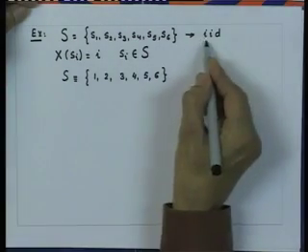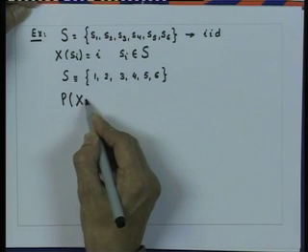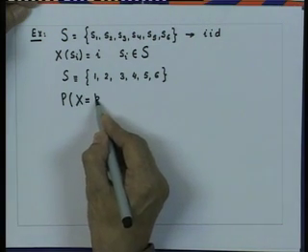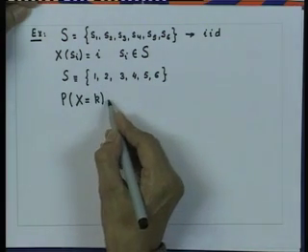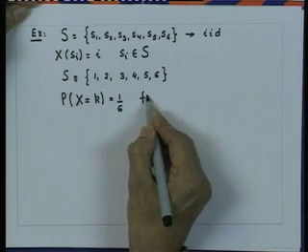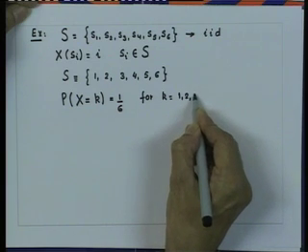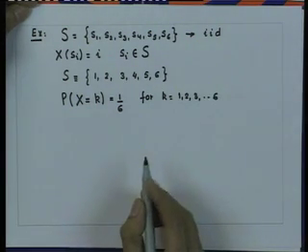Since we are assuming IID, the probability of random variable X equal to k, where k goes from 1 to 6, is equal to 1 by 6.